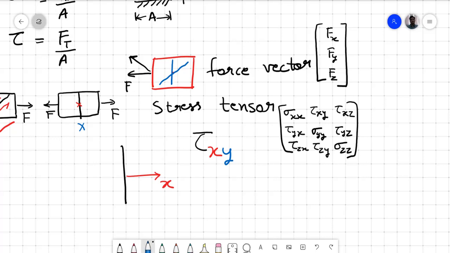So in this case, the scenario is something like this, that the force is acting on this surface in the y direction, and the surface normal is in the x direction. Therefore the stress component is tau xy.